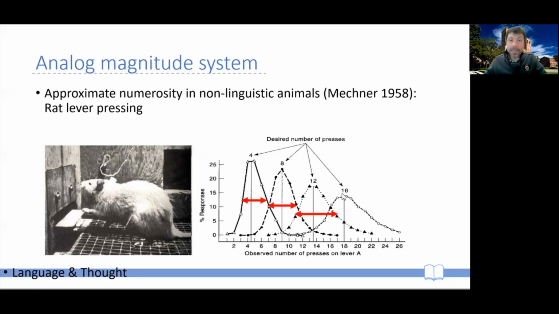And indeed, if you make 16 the number after which they're given a reward, you can see that 10% of the time they press 16, 15% of trials they press 17, maybe 15% of trials they press 18, etc. But see how the distribution, the representation of magnitude, becomes fuzzier and fuzzier the larger the magnitude.